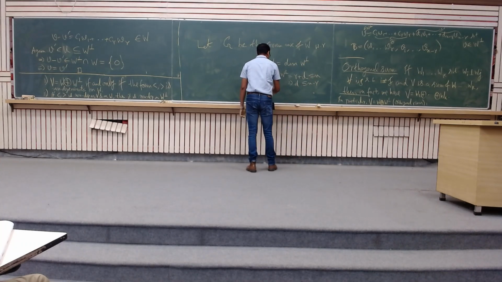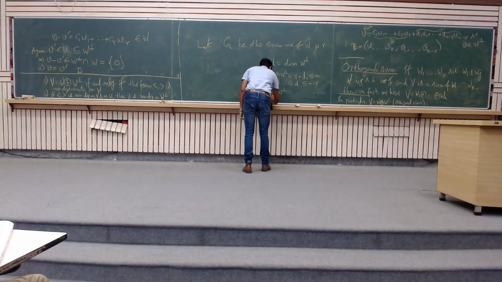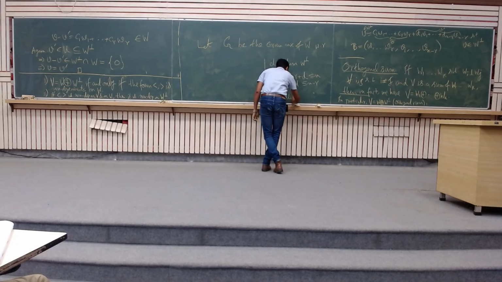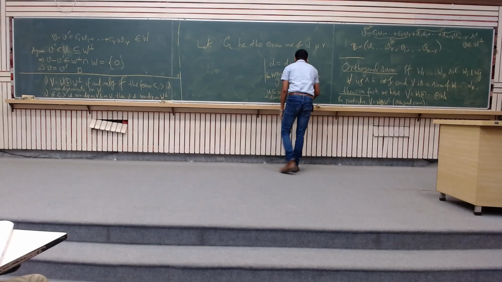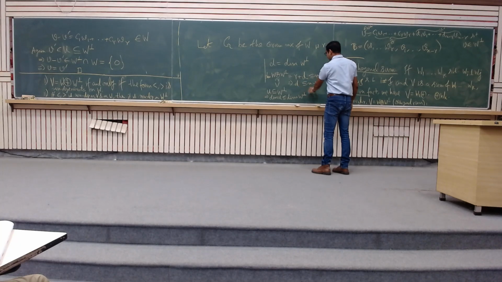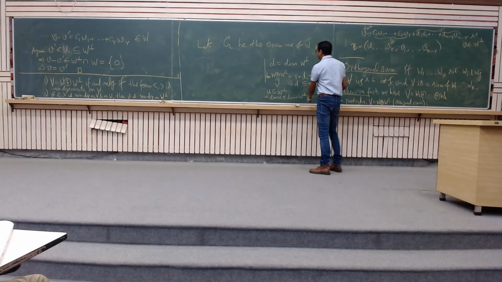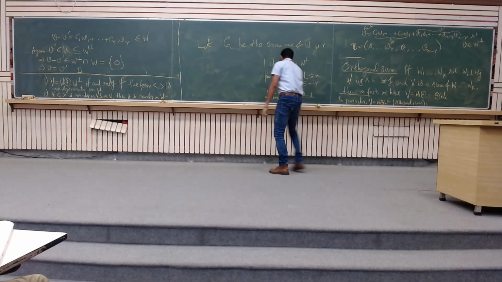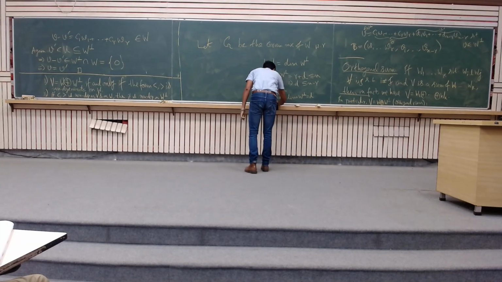Okay, so then let me write the full thing. The dimension of U is less than or equal to the dimension of W perp, and we just saw that this is less than or equal to n minus r. The dimension of W perp was taken to be d, and the dimension of U was n minus r.